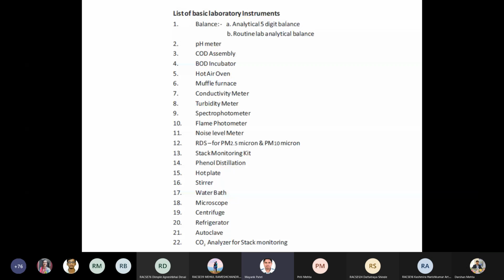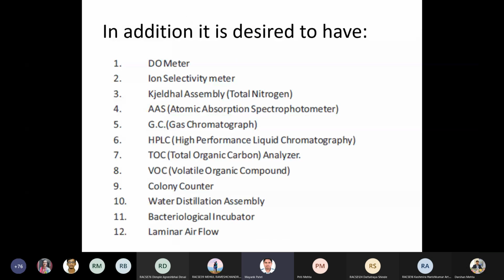So this is the list of laboratory instruments that are required. These are the basic facilities as per the list. If you have them, then you can go for that. Then, in addition to this list, if you have a DO meter or AAS, GC, HPLC, TOC, VOC, right, then it is desirable.